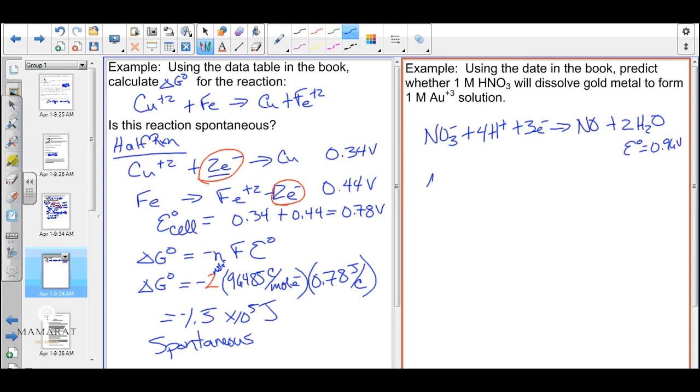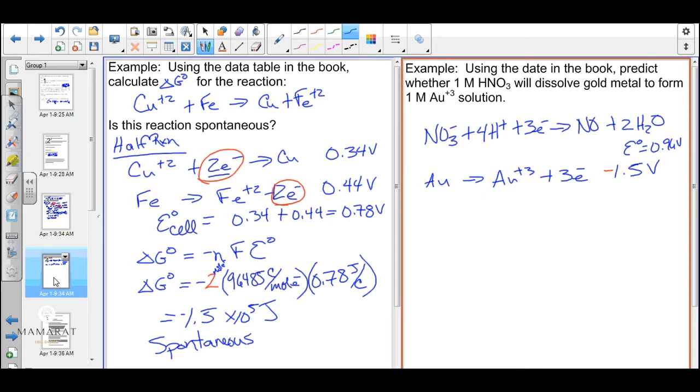Then you would find that the gold creates gold ions plus 3 electrons, and it's at 1.5 volts. But because we reverse the reaction to make it oxidation instead of reduction, we need to add a negative sign in front of it.